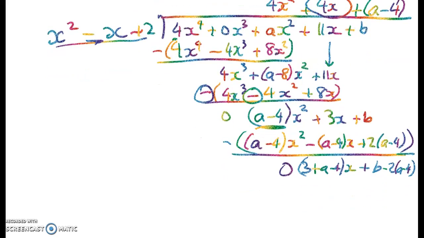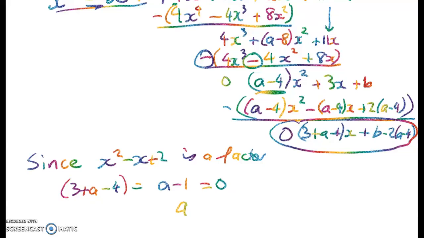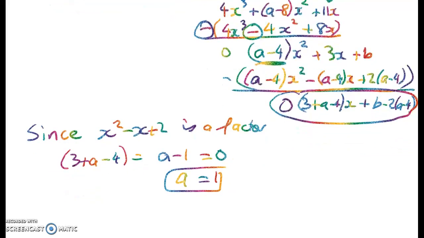And then what I need to reason next is that since x squared minus x plus 2 is a factor, we know that this remainder has got to be 0. And that means that 3 plus a minus 4, which of course is a minus 1, must equal 0. And that generates a equals 1. And now doing the same thing for b.